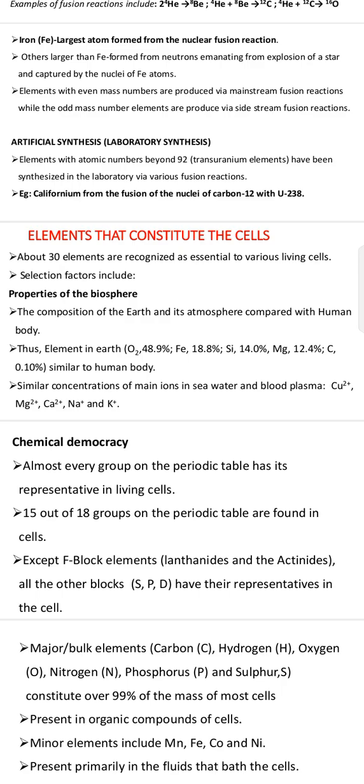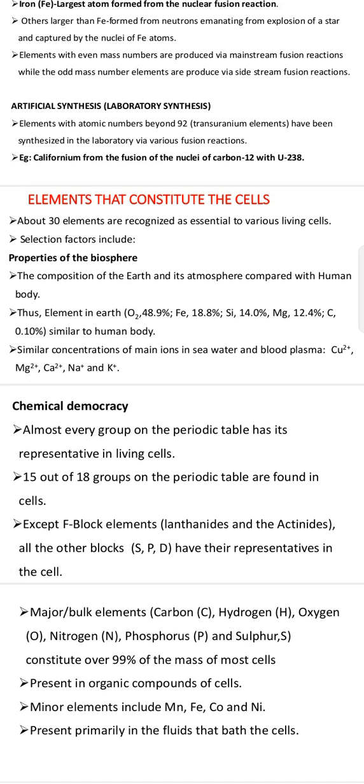So this artificial synthesis is the same as laboratory synthesis. Elements with atomic numbers beyond 92, the transuranium elements, have been synthesized in the laboratory by various fusion reactions. So all the elements beyond 92 were produced in the lab, so they were produced artificially.